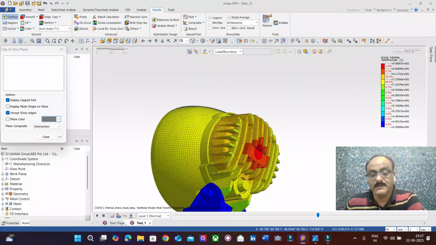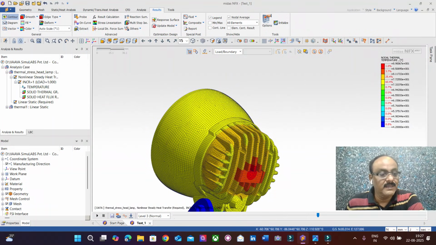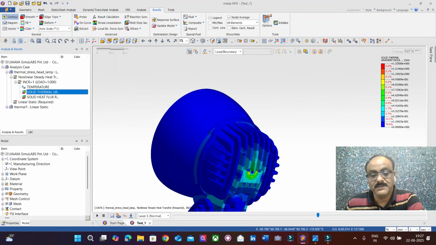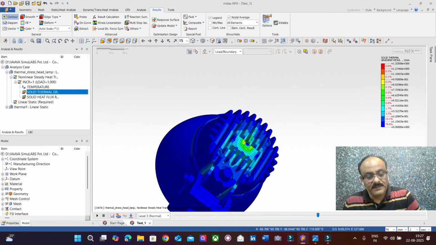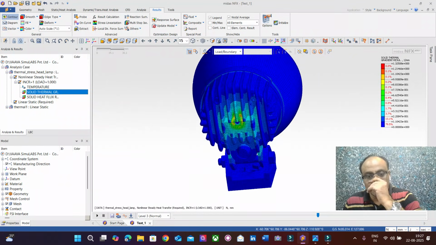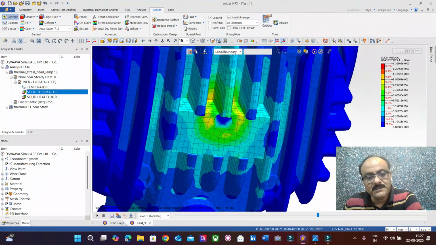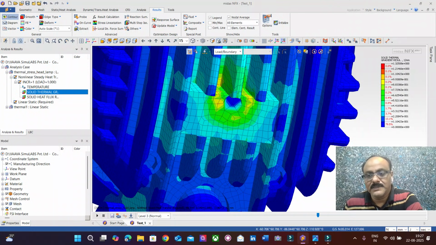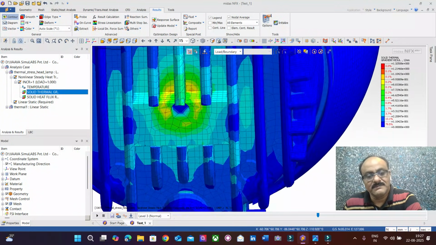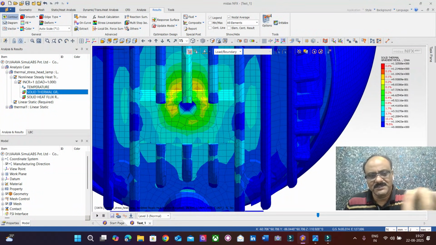Okay, so let's see what is going to be the thermal gradient. Yeah, this is going to be the thermal gradient. So the thermal gradient looks like this. Okay, so the interior region, the region that is covering that particular bulb, you will find the gradient results.